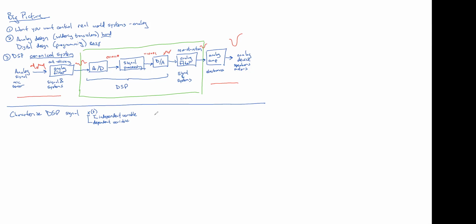So in other words, in our continuous version, it's a mapping that maps any time t to, say, a voltage at that time t, and they're both continuous. Now it turns out you can have either of them discrete.